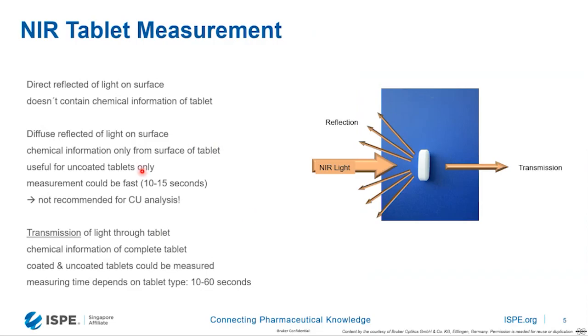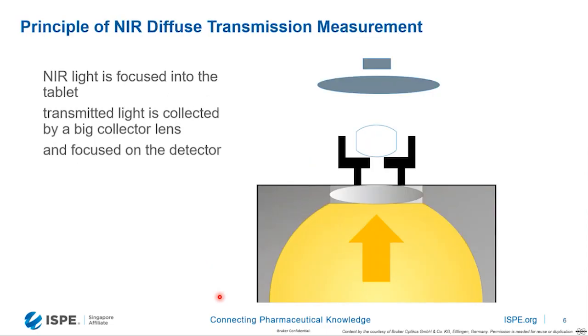Therefore, we recommend to use transmission through the tablet. Here you have the chemical information of the complete tablet. We can use it with coated or uncoated tablets, and the drawback is we need to use a longer measurement time, which takes around 1 minute.